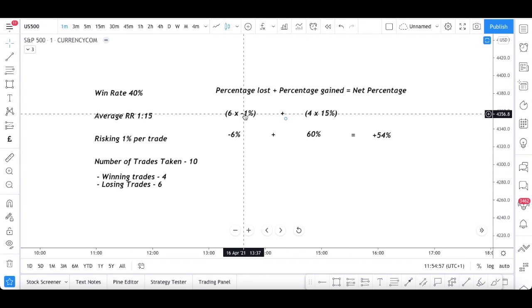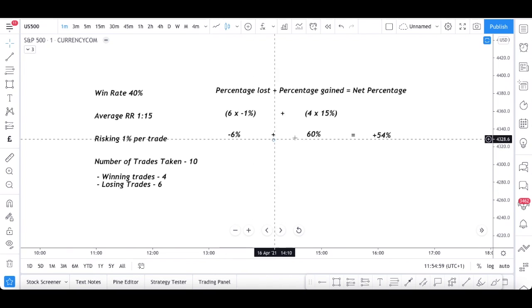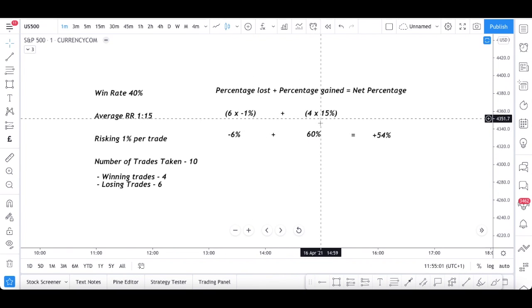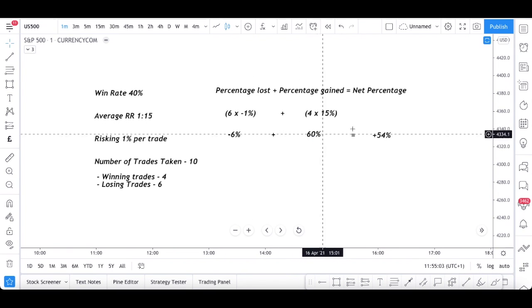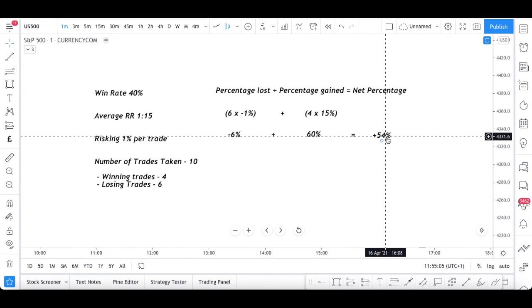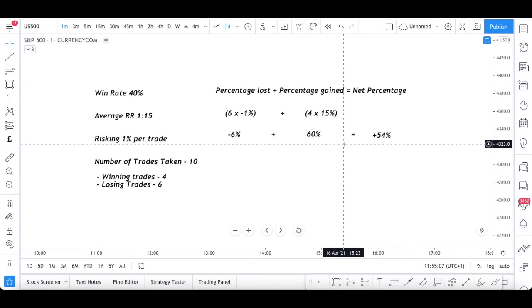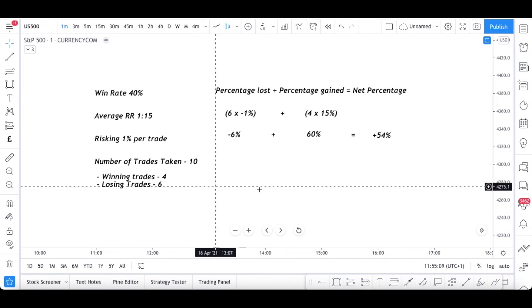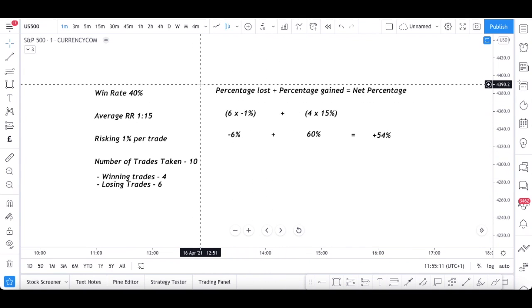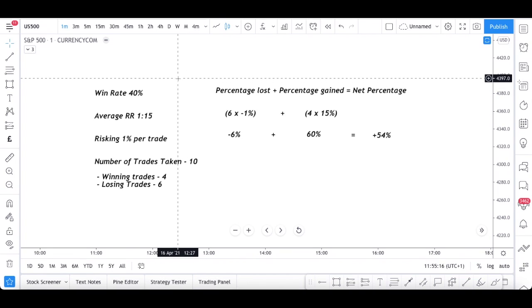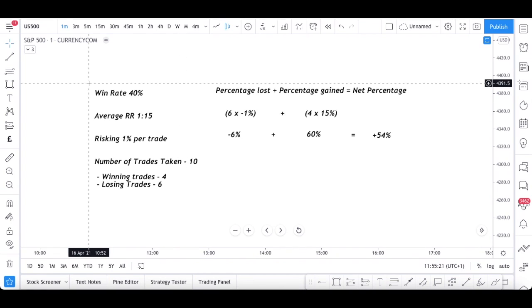So 6 losing trades is minus 6%, but 4 winning trades at 15% per trade is a 60% gain. That gives you a net percentage of plus 54% return on investment. So this is showing you guys that you don't need to be amazingly accurate and have a high accuracy rate in your trading.